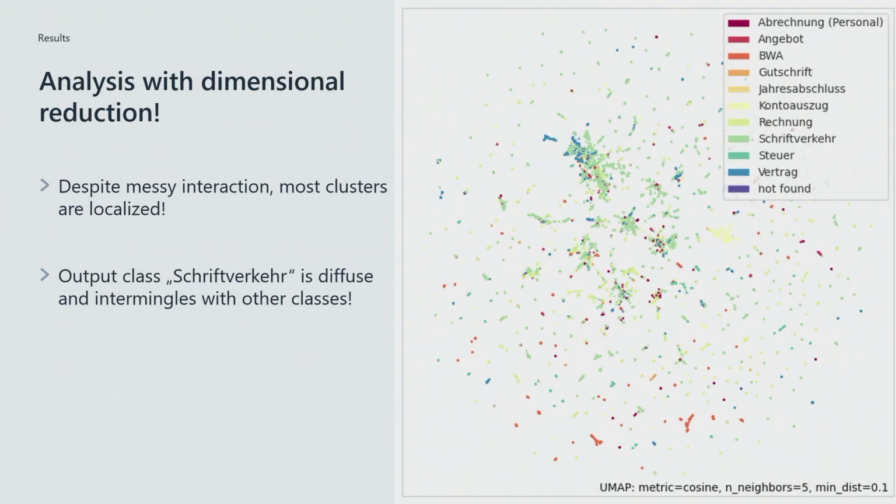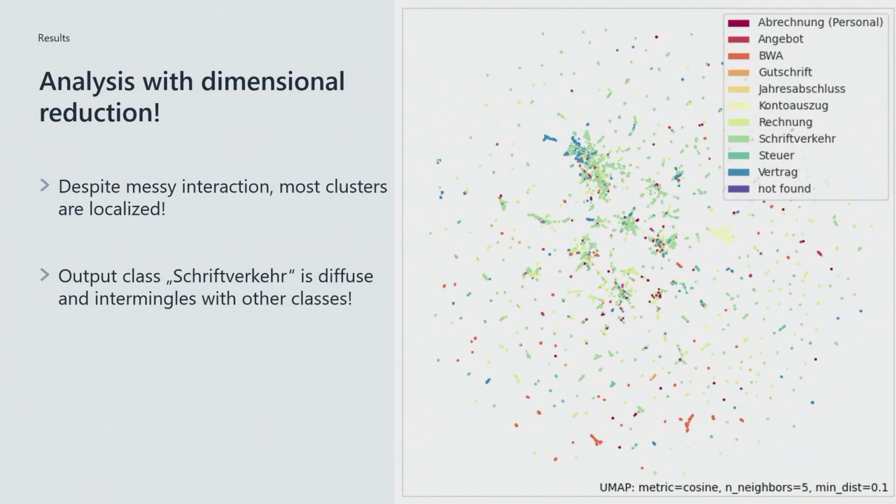So there is an output class that is called Schriftverkehr. And Schriftverkehr is hard to translate for me, even as a native speaker. I think the best translation is something like whatever. And this Schriftverkehr, of course, intermingles and messes with all the clusters that we could possibly have here.